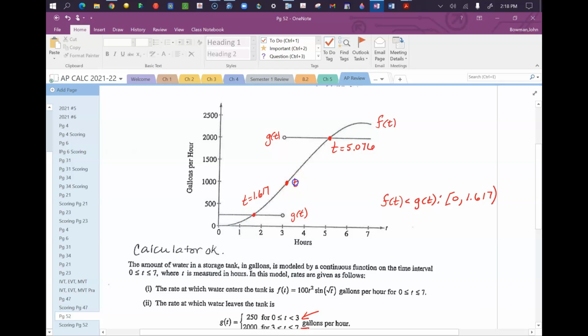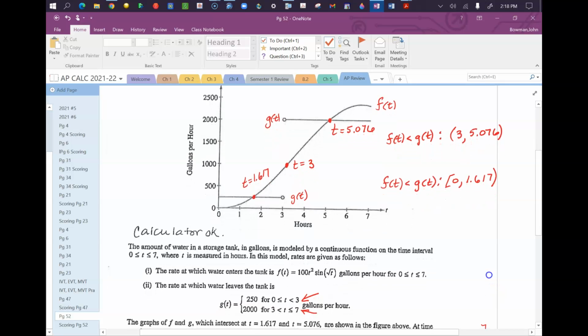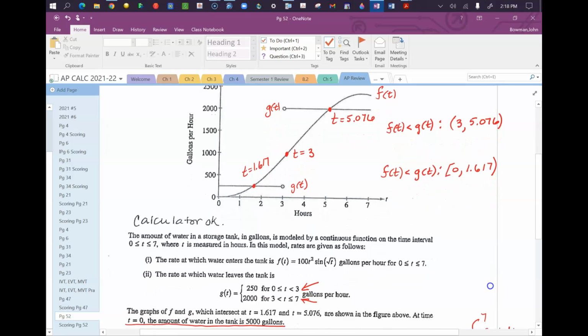Remember, this is at t equals 3 here, on the interval f of t less than g of t from 3 to 5.076. And remember, f of t is the rate at which water is flowing in, and g of t is the rate at which water is flowing out.